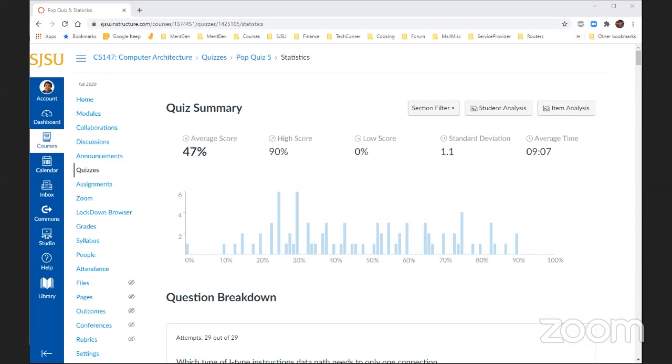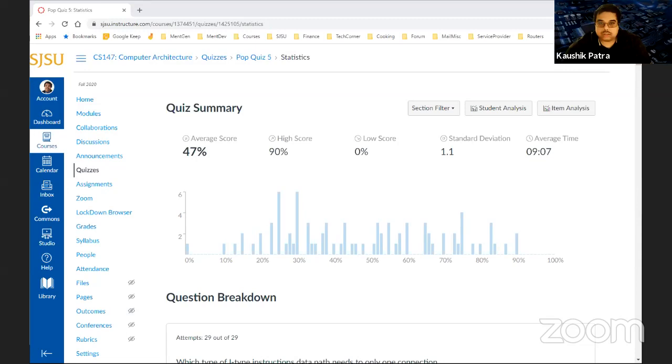I want SpeedGrader. Okay, yeah, I posted the grade. You can see that.